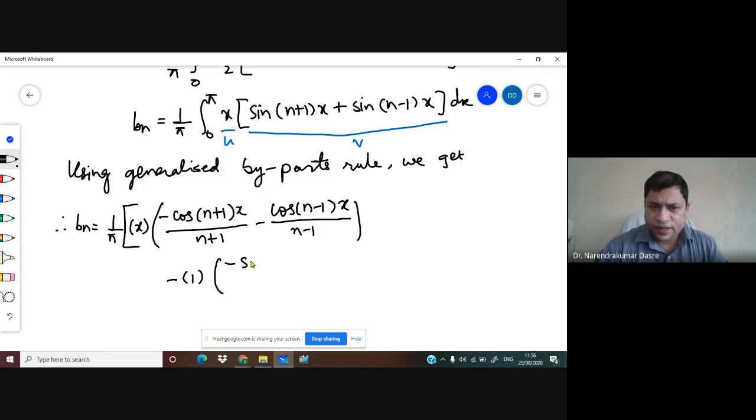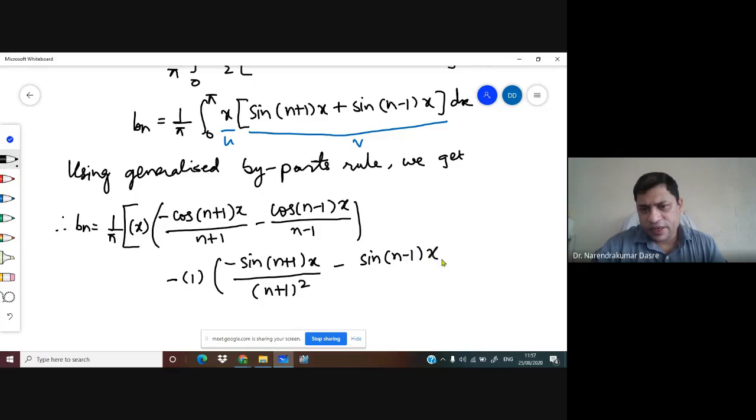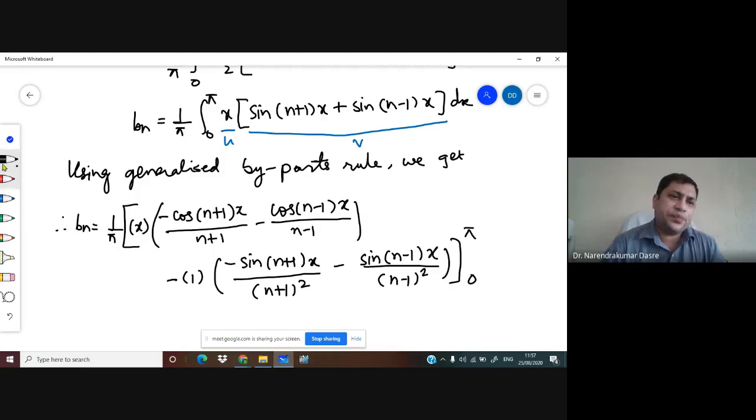So it will become minus sine of n plus 1x on n plus 1 bracket square. This will be minus sine of n minus 1x on n minus 1 bracket square, and the limits are 0 to pi.